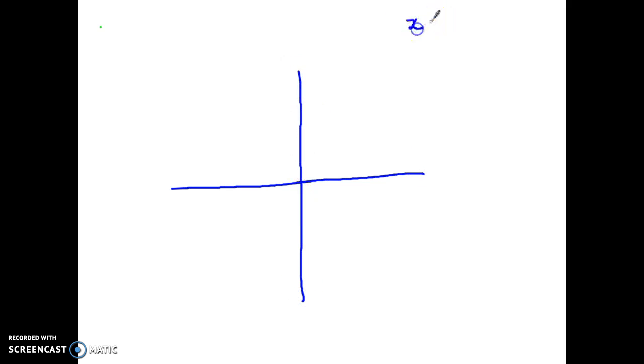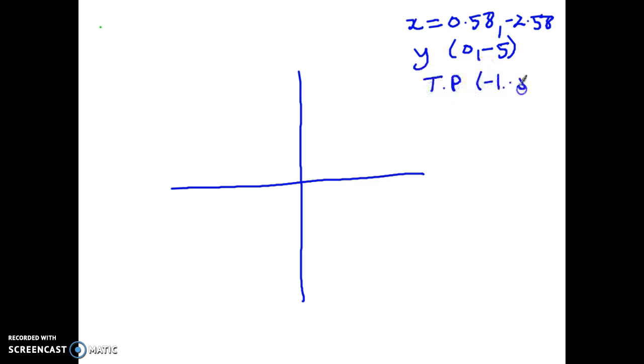So we had x-intercepts of 0.58 and negative 2.58. We had y-intercept of 0, minus 3. And we had a turning point of minus 1, minus 5.